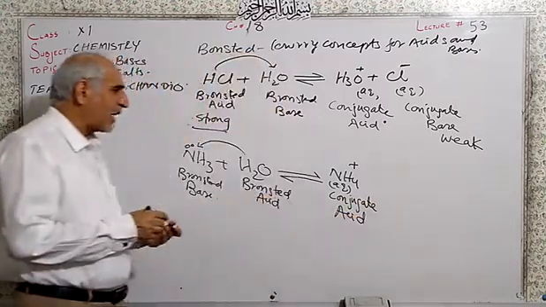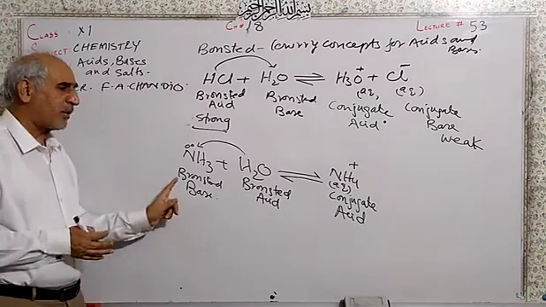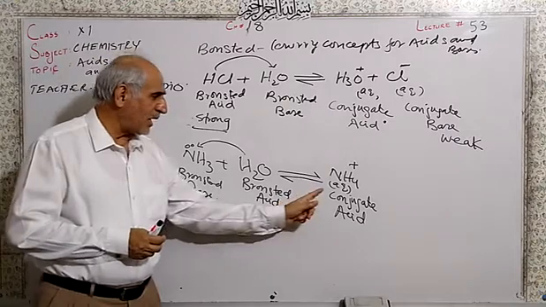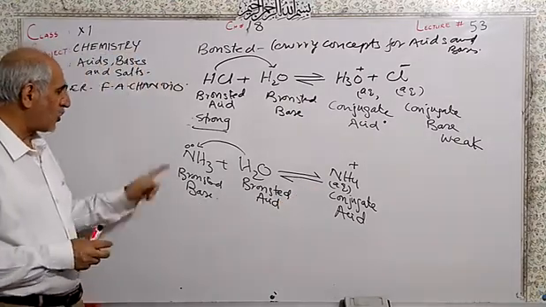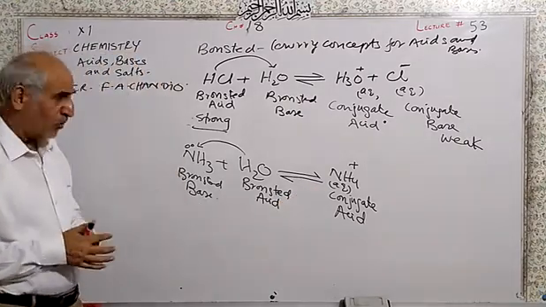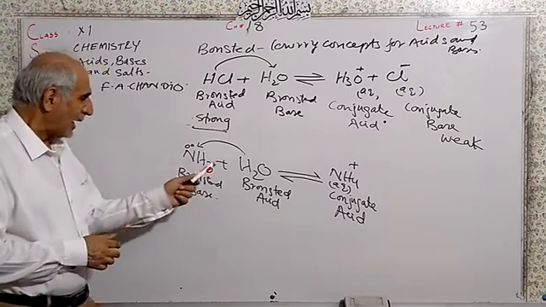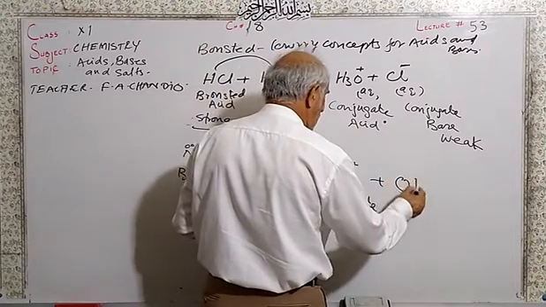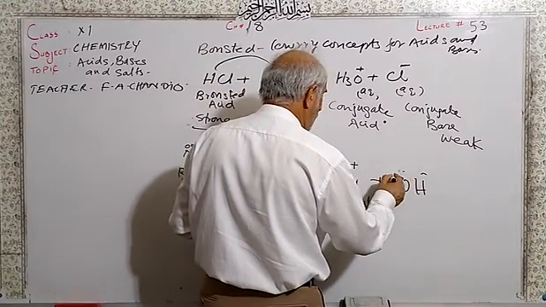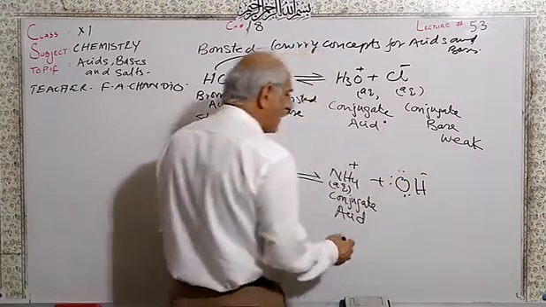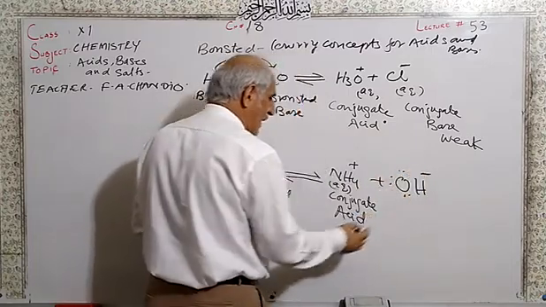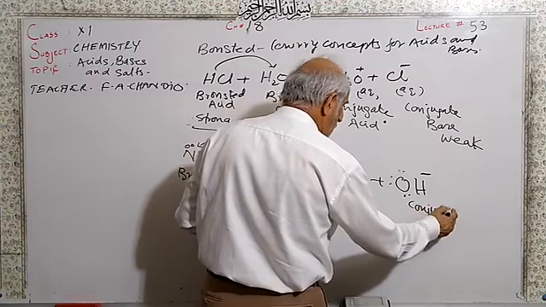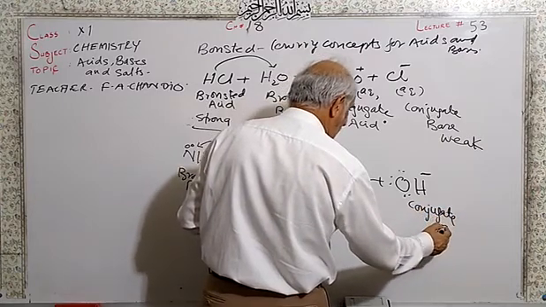So ammonium is the conjugate acid of the Bronsted base ammonia. And hydrogen is removed from the water, so you get hydroxide ions, which is called the conjugate base.